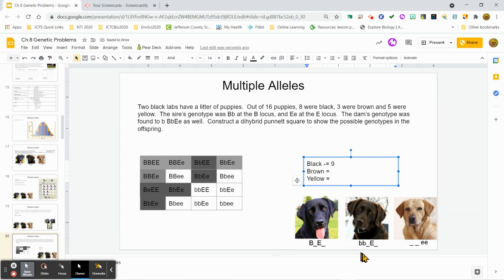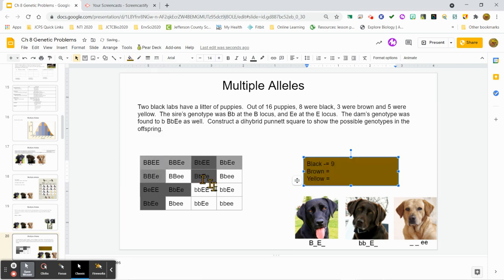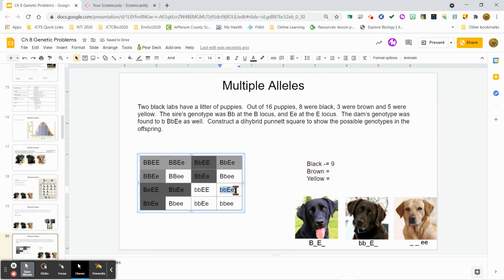And then brown, you have to have 2 little B's and a big E. So I'll make this one brown. Oh, I didn't want to do that. So 2 little B's and a big E, that would be this one right here. Two little B's and a big E would also be this one right here.